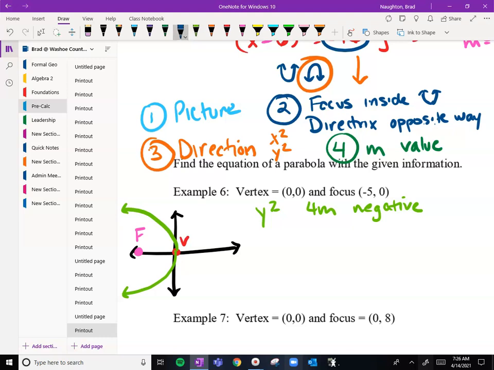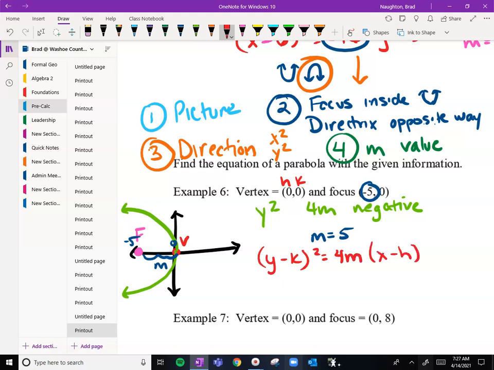So we know now what the m is, because it's the difference between your focus and your vertex. So clearly, if this is at -5 and this is at 0, my m is going to be 5, okay? Our vertex is h and k, so this would be y minus k squared is equal to 4m, and then x minus h.